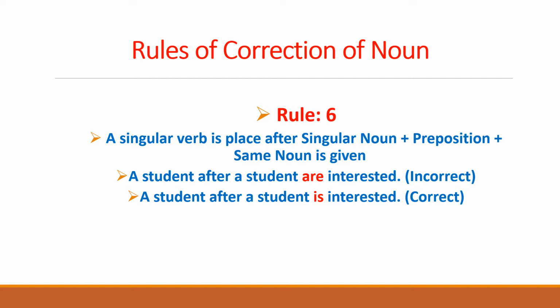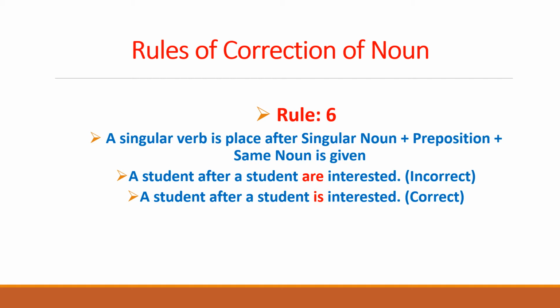In the previous lectures we had discussed 5 rules. Today we would begin with the next rule, that is rule number 6, and at this time we are continuing with the rules of correction related to the noun, the mistakes that are committed with reference to the noun. These lectures are concentrating on those rules.